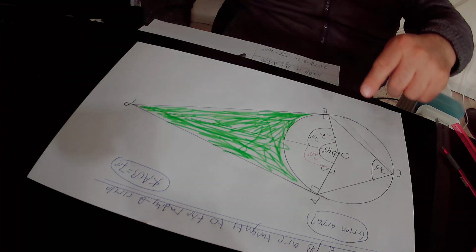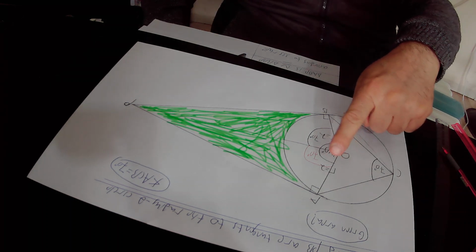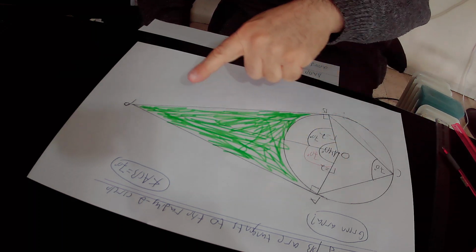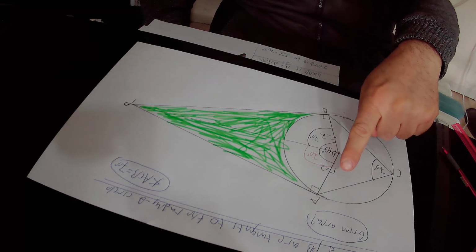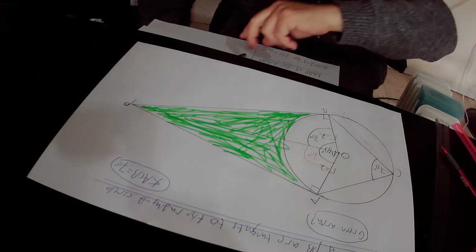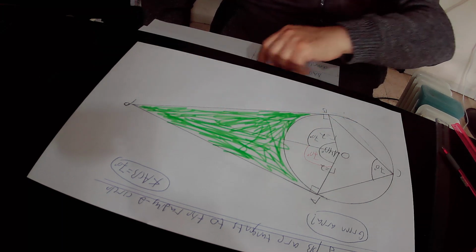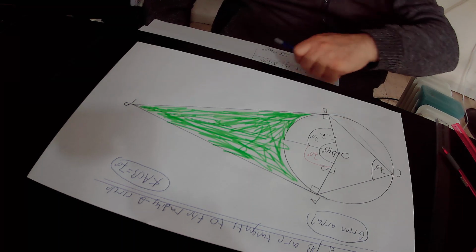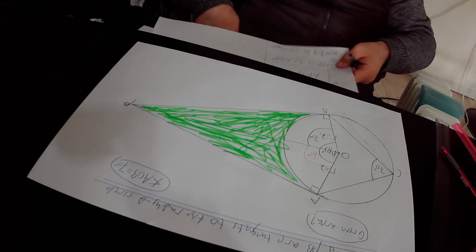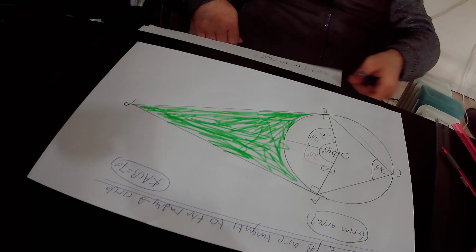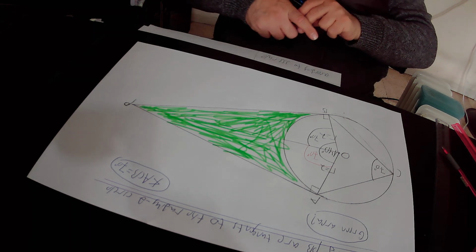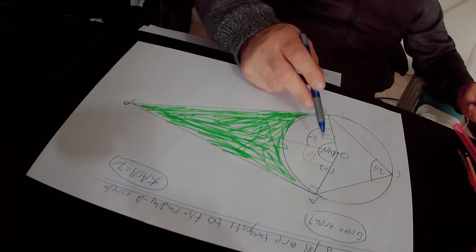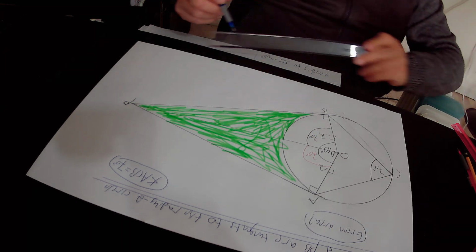In the next step, we'll find out the length of side AP. What is the length of side AP? So we'll focus on the right triangle AOP. In the right triangle AOP, tangent 70 degrees.